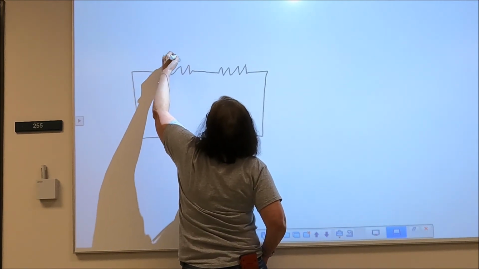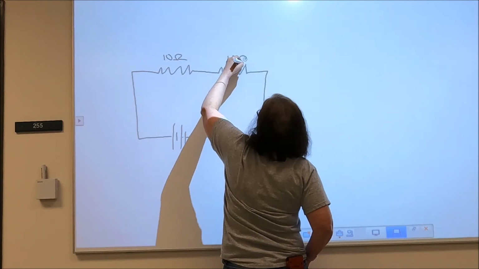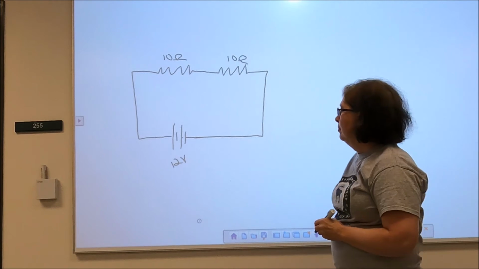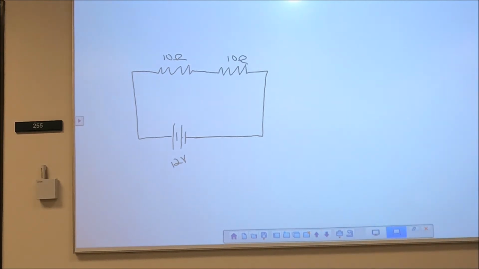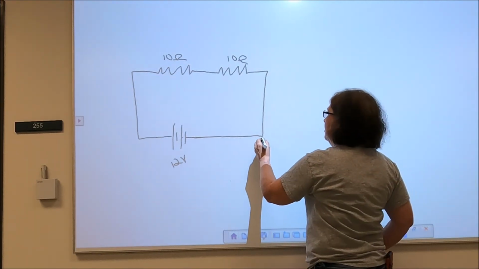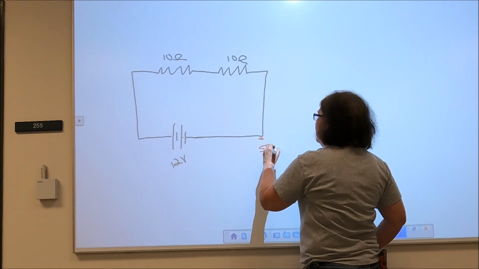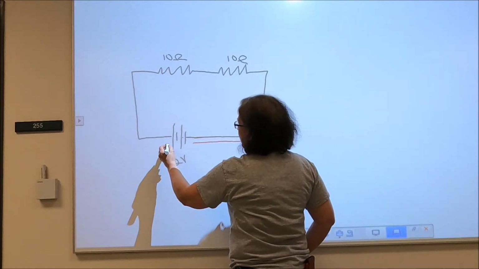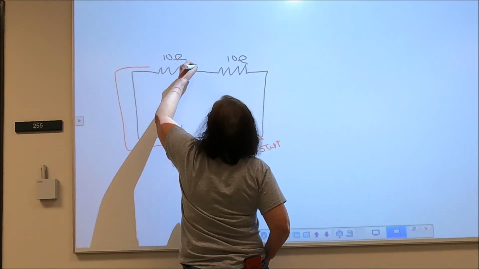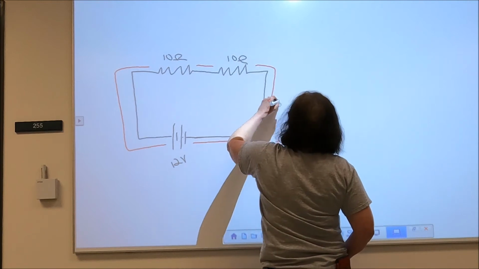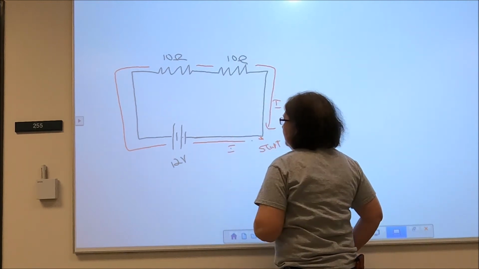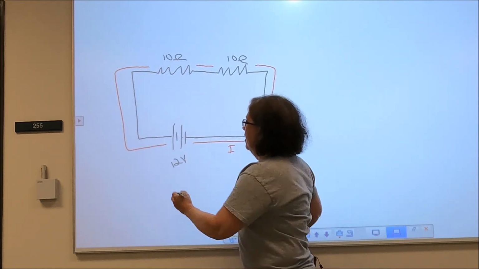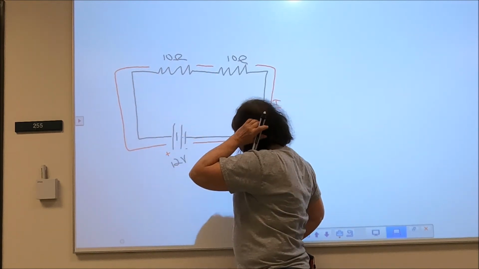Okay, I've got a 10 ohm and a 10 ohm, and I've got a 12 volt battery. If I start right here and I move in this direction, I'm choosing my current to flow in this direction because this is the positive side of the battery and that's the negative side.